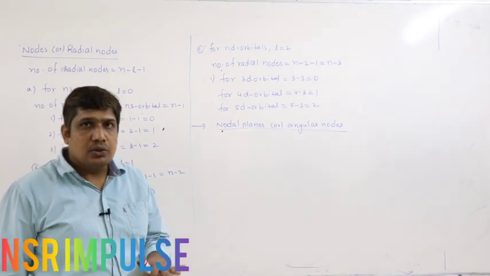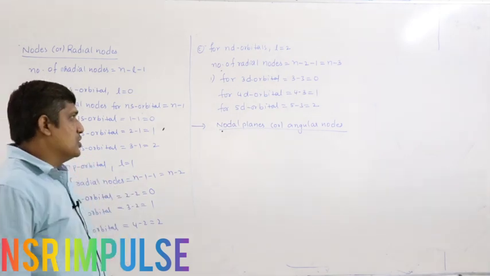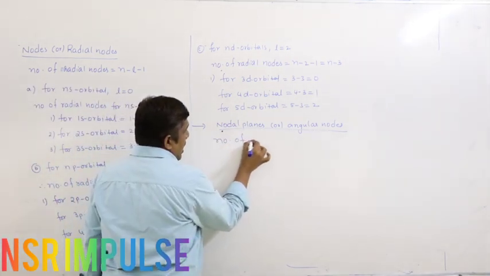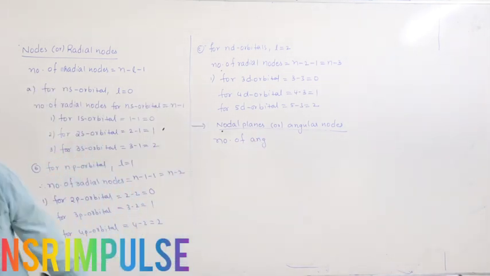A plane passing through the orbital in which the probability of finding the electron is 0. So the number of angular nodes or nodal planes, that is using nodal planes.